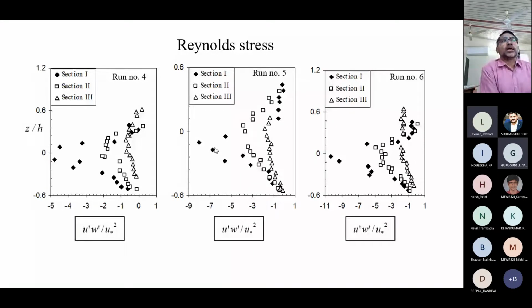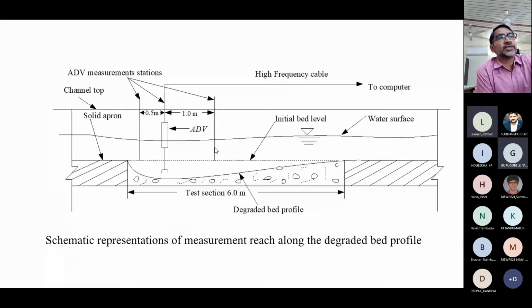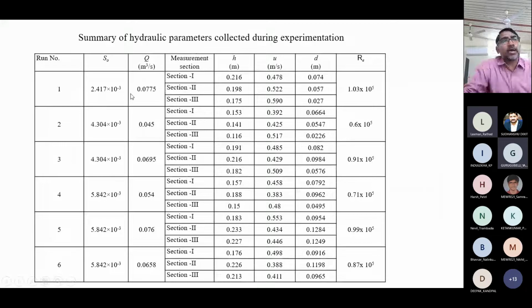Yes, the location of the sections which I have shown initially was the same for all 6 runs. This first section, section 2, section 3. But in all 6 runs, the discharge is varied. Accordingly, the depth of degradation is also changing.